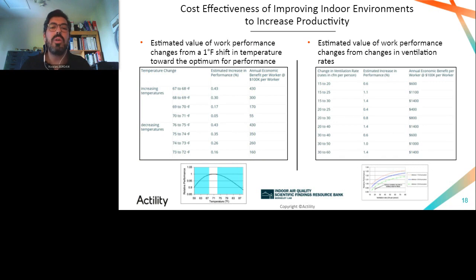We have equivalent figures in terms of ROI here: when you calculate the differences in performance from the CO2 in the room, you can analyze the annual economic benefits for workers also earning an average of $100,000 per year.